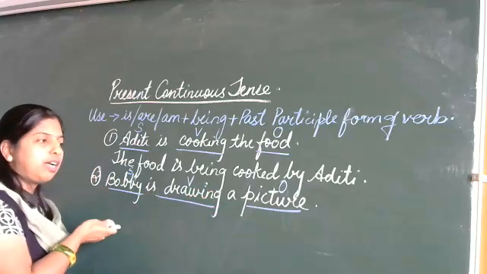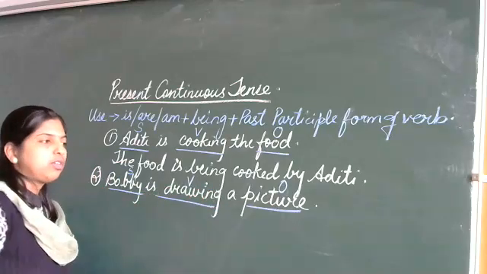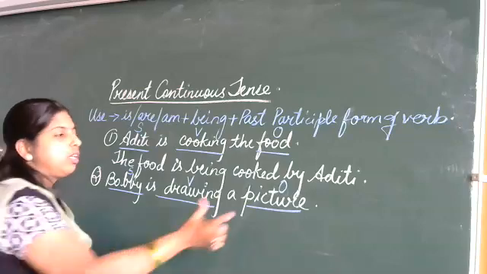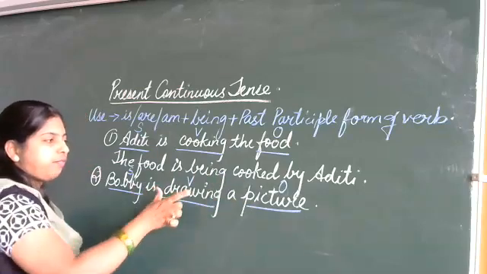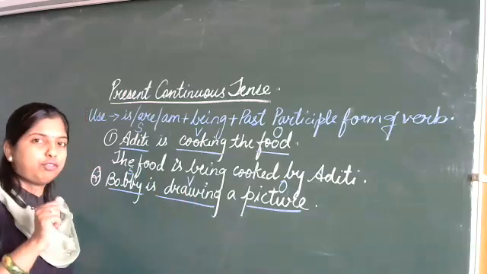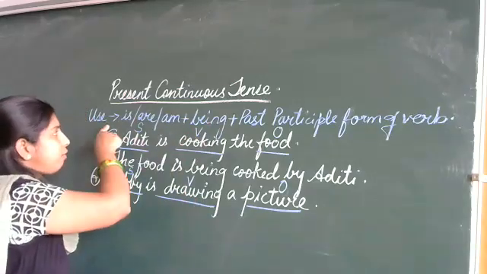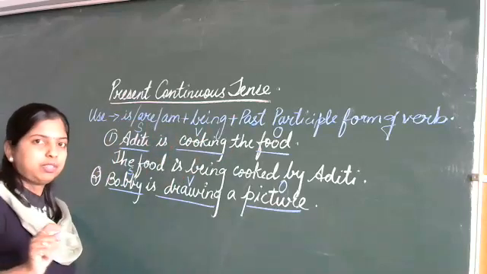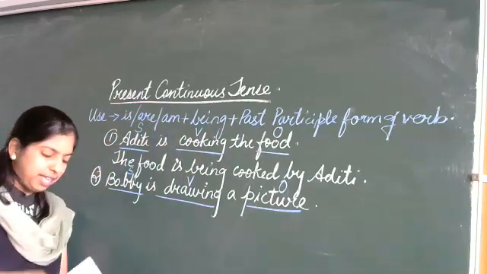Now we have to convert this sentence into the passive. So what is the change we are going to make? The object will come first, then the verb and then the subject. But there are some rules we have to follow. You have to make use of these words here. Right? So let us make that change now.